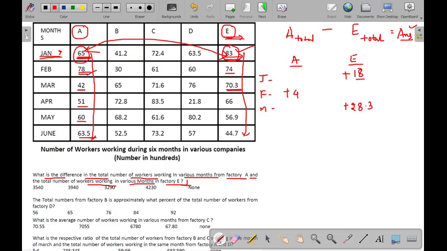Now the month of April, let's see, this is 66. Again company E is ahead by how much? Company A is 60, company E is 56.9. So again the difference is 3.1.